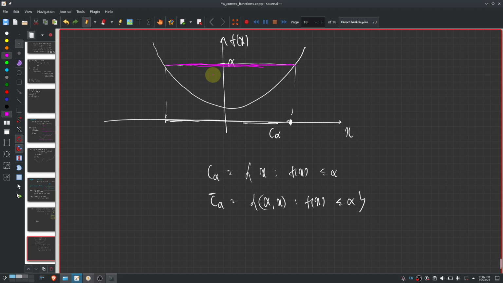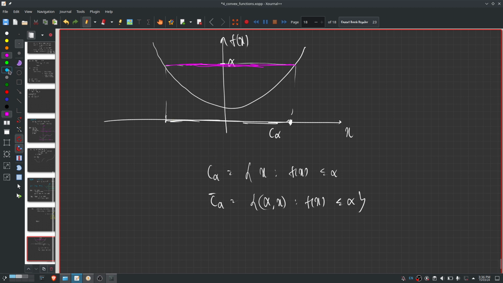It's the set of all alpha comma x, or x comma y if you want to think of it that way. One coordinate is fixed to alpha, the other coordinate is allowed to vary. So for this one-dimensional curve, this is nothing but a shift of C alpha. You take C alpha, you shift it above by alpha.